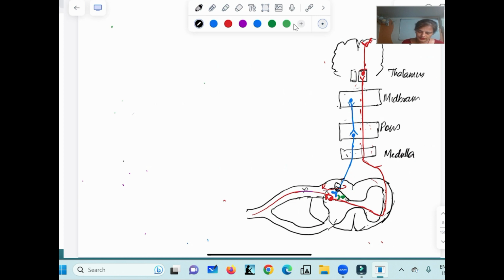Now, any stimuli, कोई भी आपका stimuli है, it can be mechanical, it can be thermal, it can be chemical. ठीक है. Suppose किसी ने मेरी finger पे, this is a finger, somebody has pricked it with a pin.